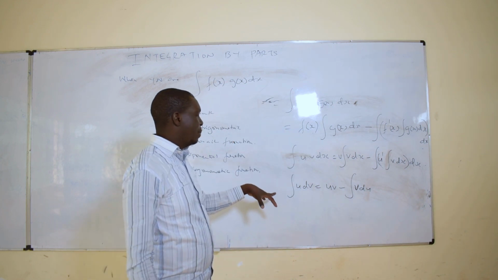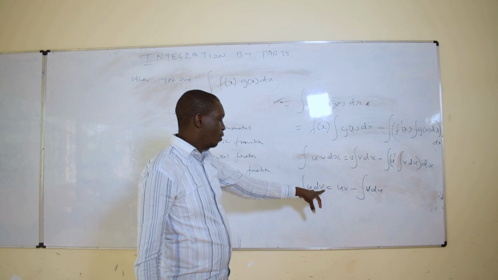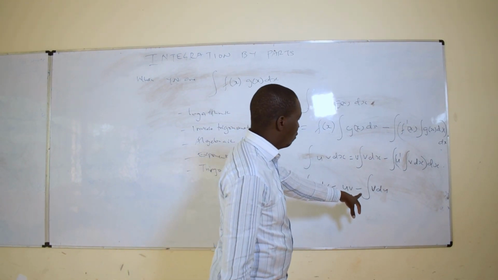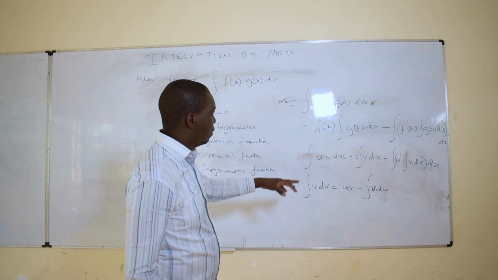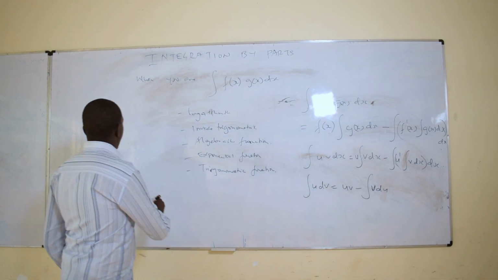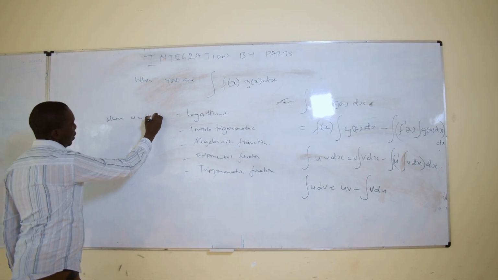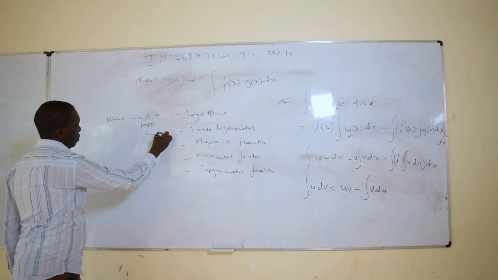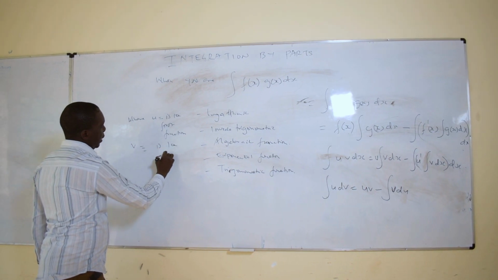It can also be written in this form: the integral of u dv is equal to uv minus the integral of v du, where u is the first function and v is the second function.